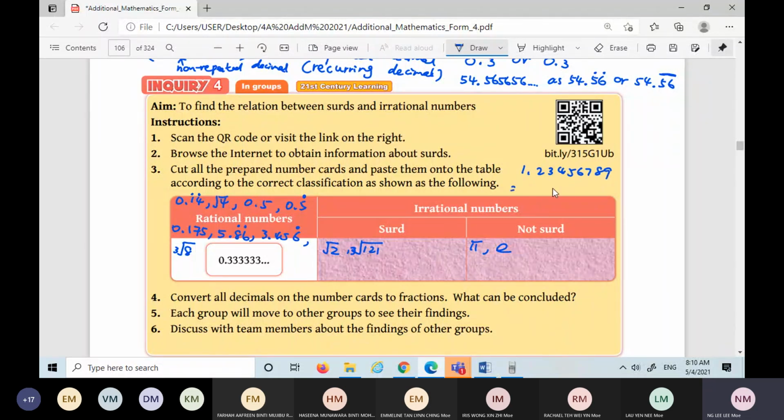1.2345678, okay, actually this is 123456789 divided by 10^8. Try and see, you'll get 1.2345678. Correct or not?